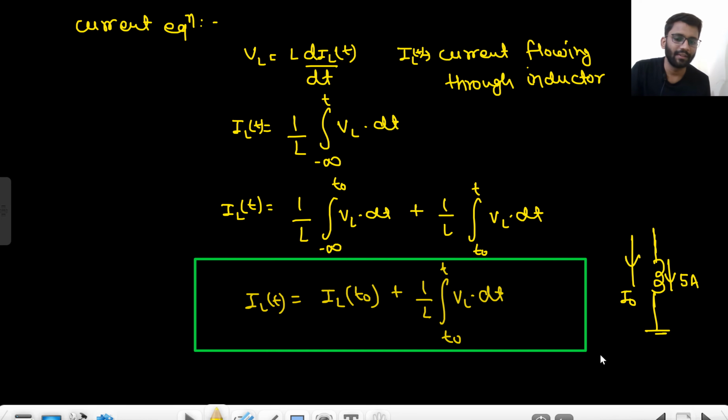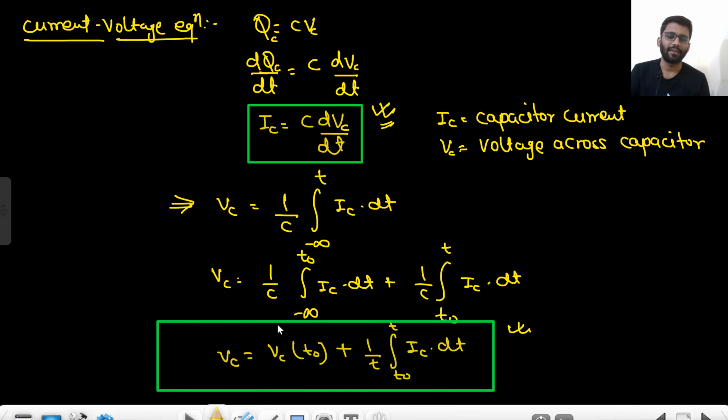So how will you write? The current I_L would be 5 ampere plus 1 by L, voltage across it into dt and the integration. Okay, in the similar manner, right? In the similar manner, how did we write it here? 5 volt was always there, then 1 by C, the next expression from t naught to t, and like that.